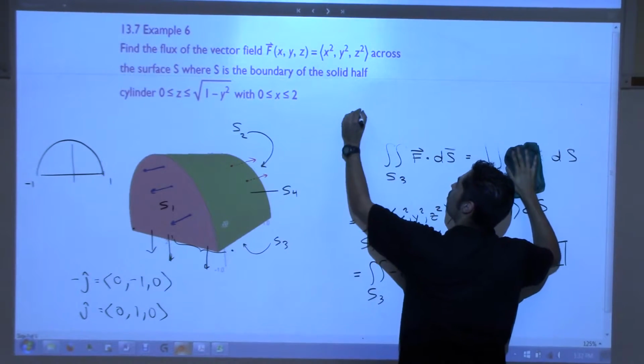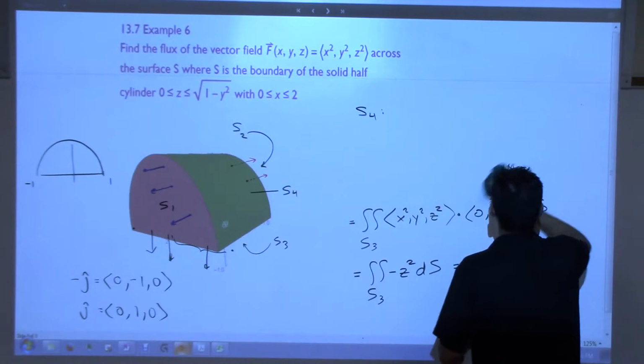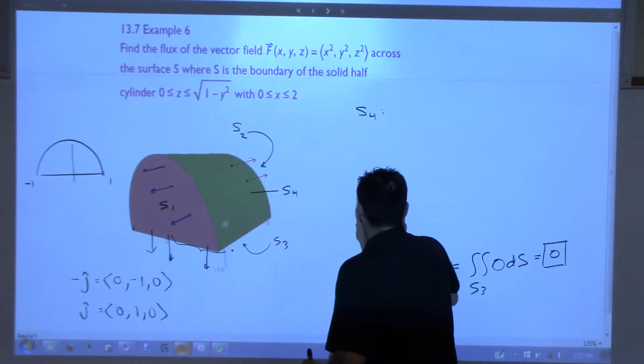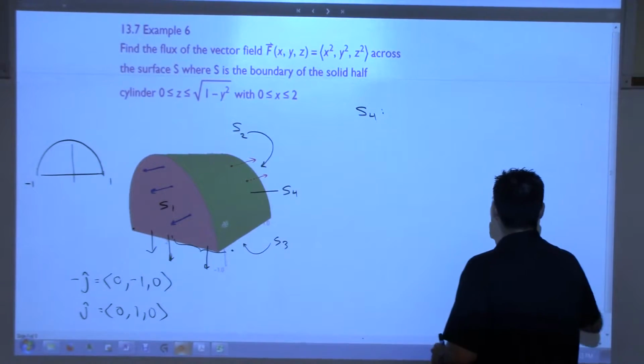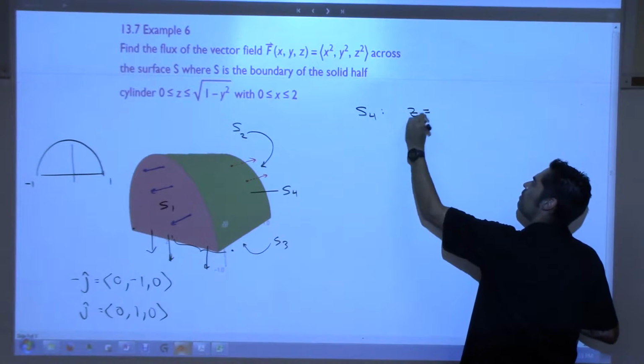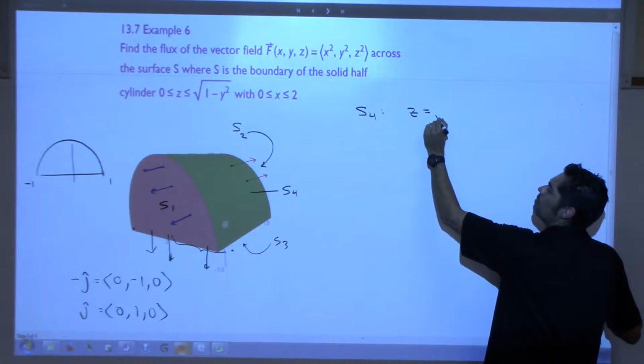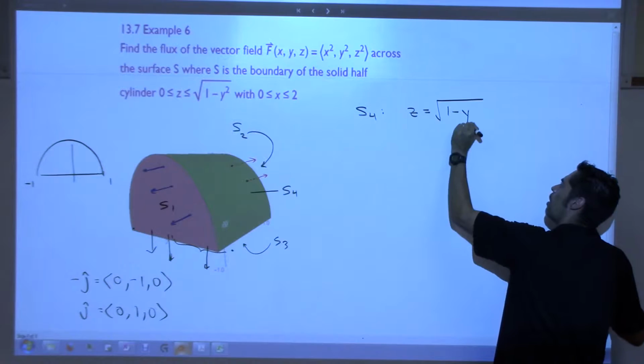Can you look at S4 as a shortcut? Can you look at the surface as being a function of 2 variables? Okay? And it's the z, right? The z is a function of which 2 variables? So what's the equation? Square root of 1 minus y squared.